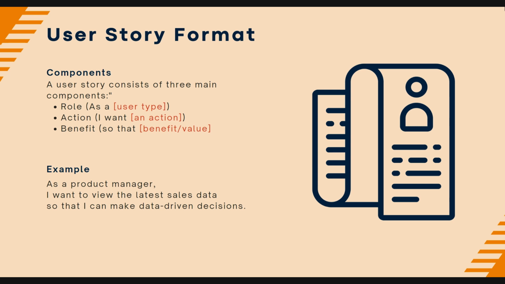The product manager wants to see the latest sales data so that I can make data driven decisions. Whatever the data requirement is for the product manager, that requirement should be part of the story so that the developer can understand what is the meaning of sales data, what all fields should be there, and if any filter or something needs to be applied. Those details should be part of the user story, and based on that, he can make the data driven decision.